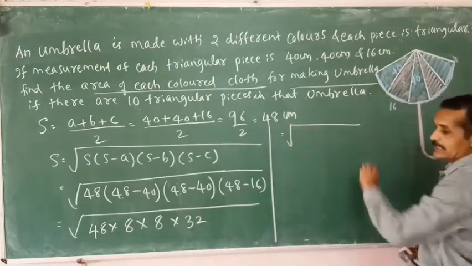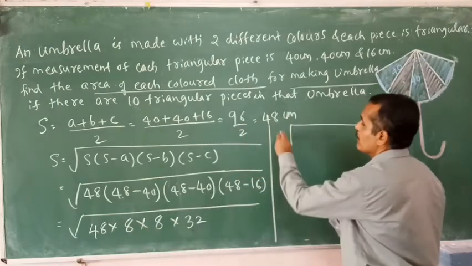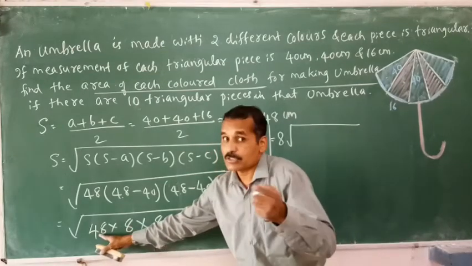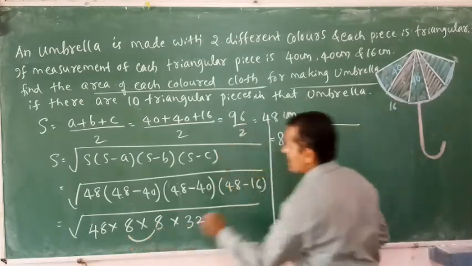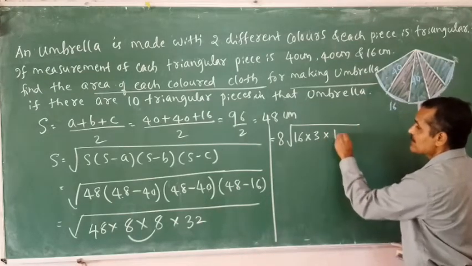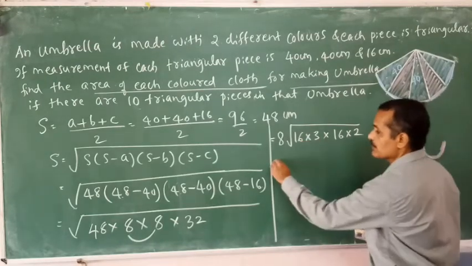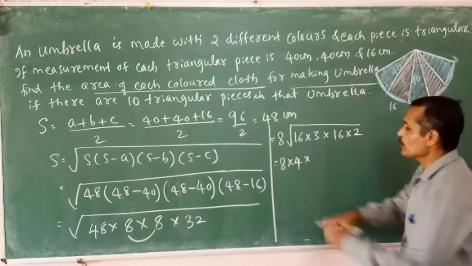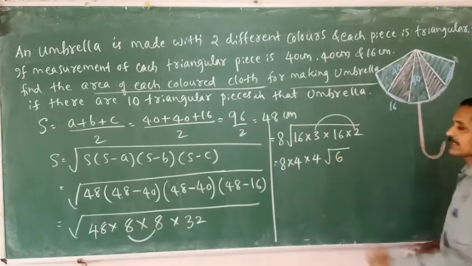And the answer is there are 2 8s. I will take 1 8 out. This I will write as 16 threes, because 16 is a perfect square. These 2 8s have come out here. This I can write as 16 twos. 16 is a perfect square, so 4 will come out. 8 into 4, and again 16 is a perfect square, so 4 will come out, and under root what is left is 3 and 2, that is 6.